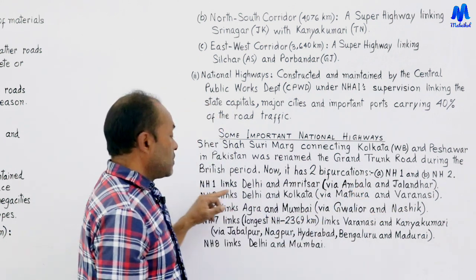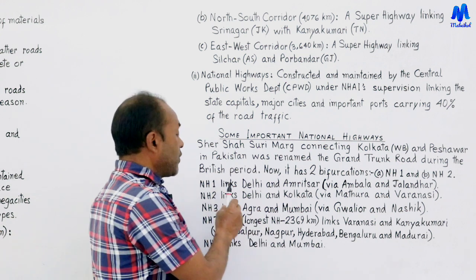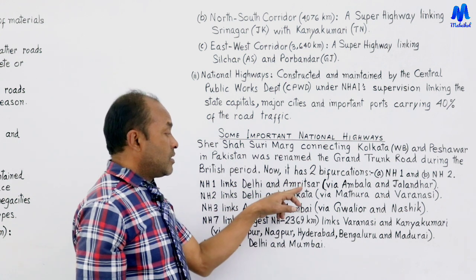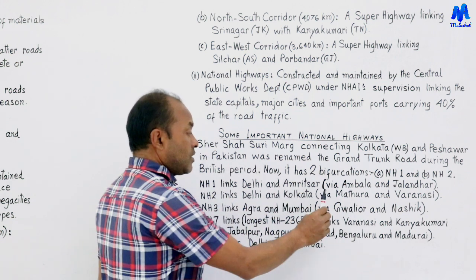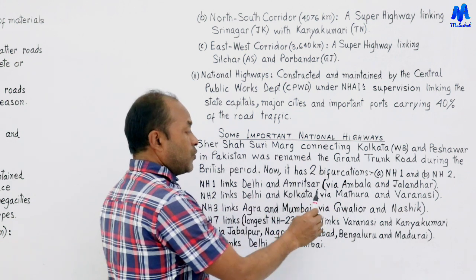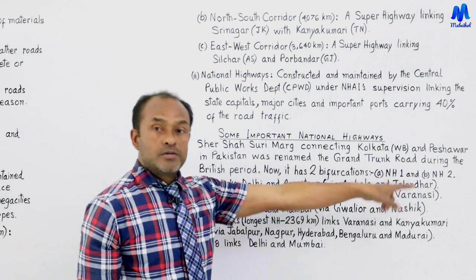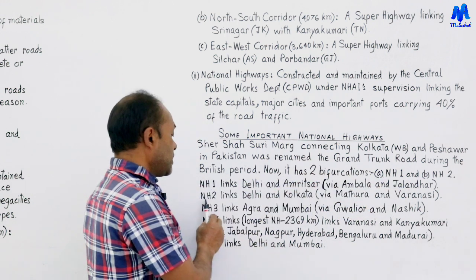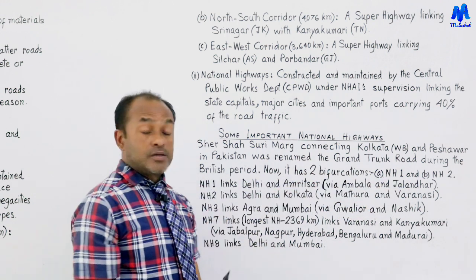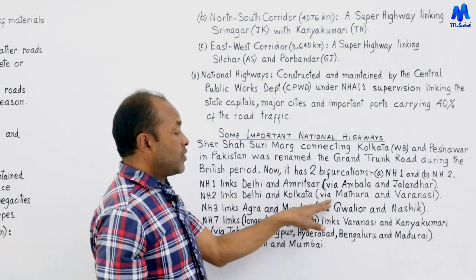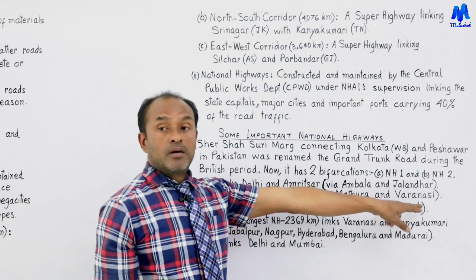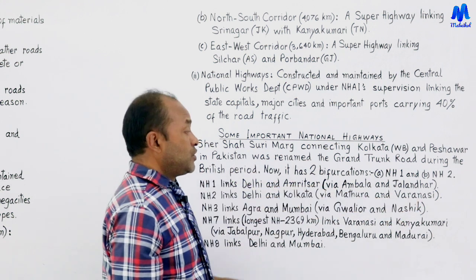National Highway number 1 links Delhi with Amritsar in Punjab, and this highway goes through Ambala and Jalandhar. Next, National Highway number 2. This national highway links Delhi and Kolkata, and it goes through Mathura and Varanasi in UP.